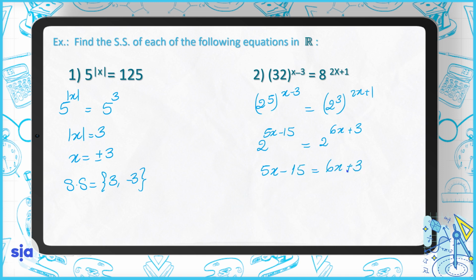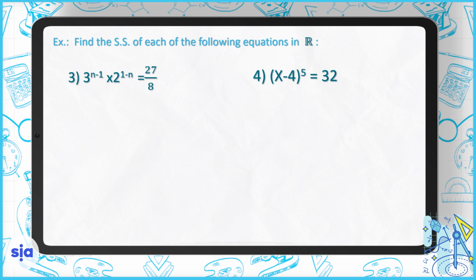So in this case, we're going to move the x to the side and the 3 to the side. So negative 15 minus 3 equals 6x minus 5x. So x equals negative 18. So for question 2, the solution set is negative 18.